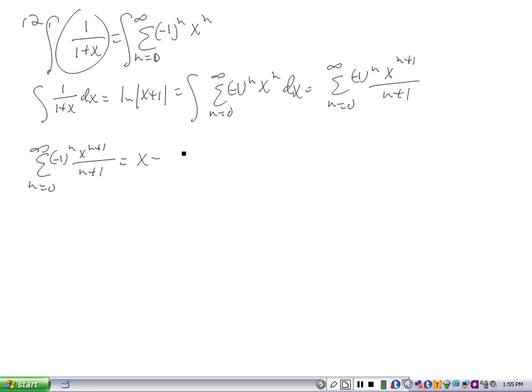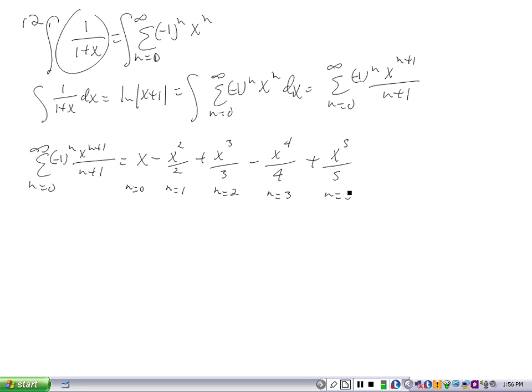When n is equal to 1, this is negative x to the second all over 2. When n is equal to 2, negative 1 to the second is positive, so we get x to the third all over 3. Minus, it alternates, x to the fourth all over 4. This is n equal to 3. They want you to go out 4 times. Plus x to the fifth all over 5. So you get 5 terms there.